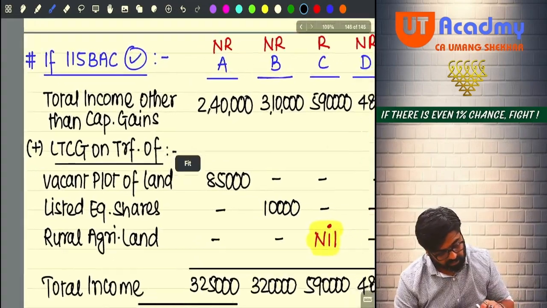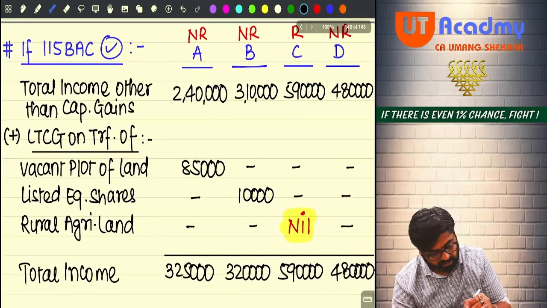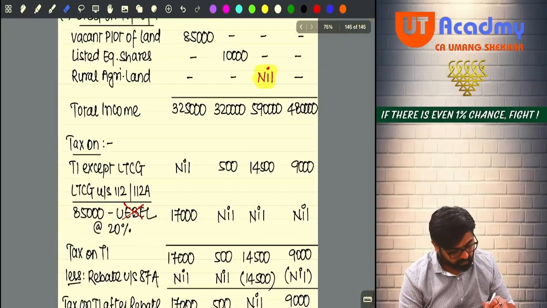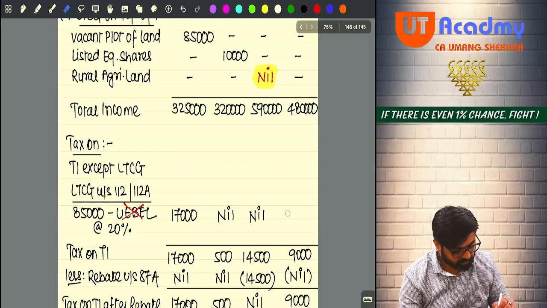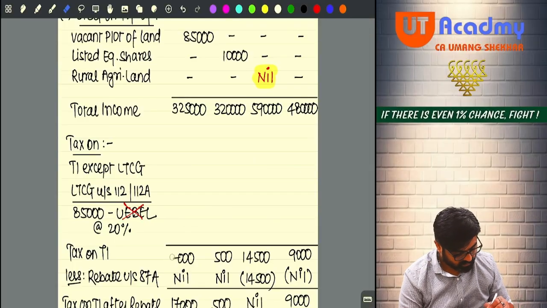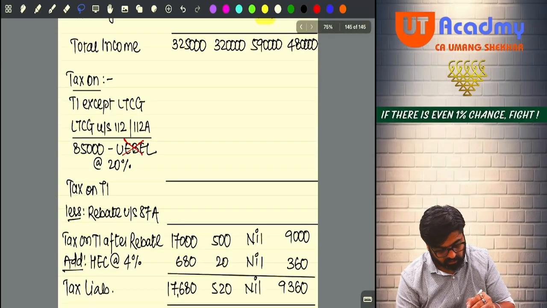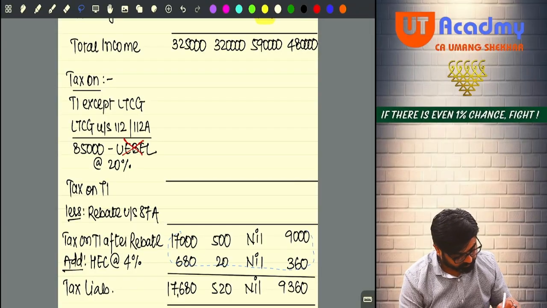See, now what I'll do? I'll do the same calculations, but I will not follow 115BAC. All these things will remain same, but now my tax liabilities will change. How will it change? How much will be the final tax and all? Those we are going to see now.